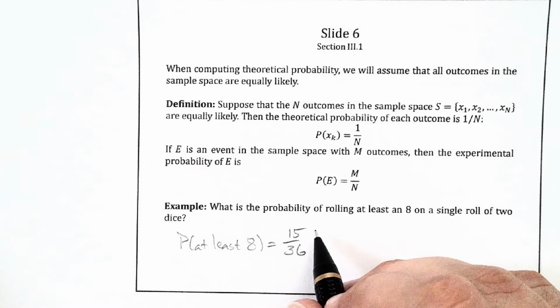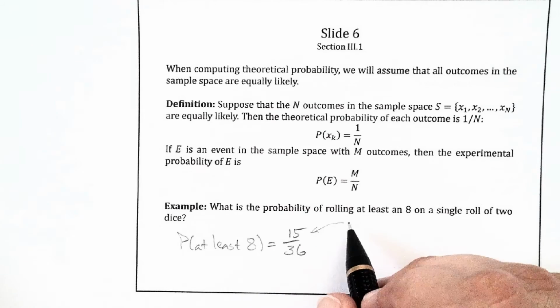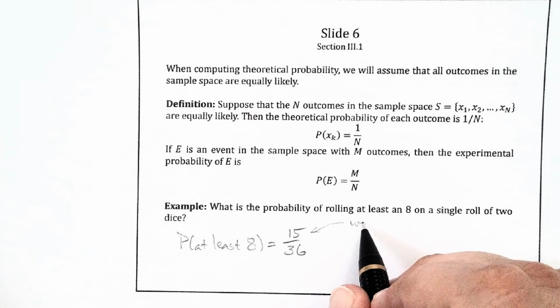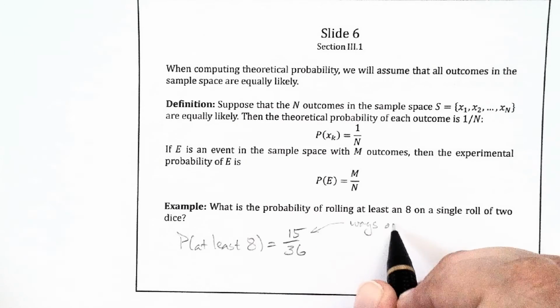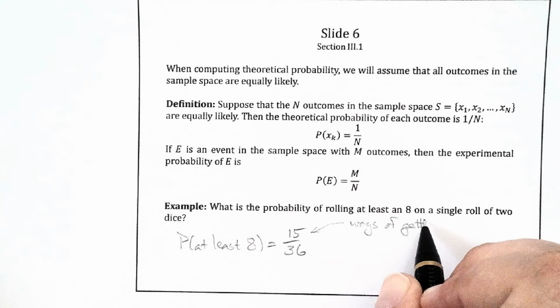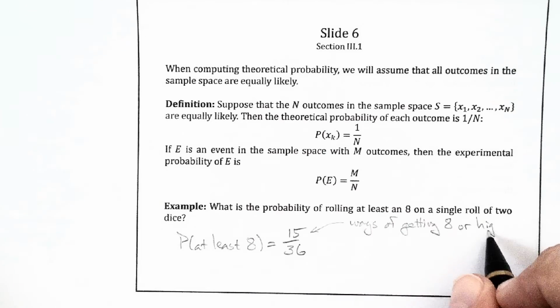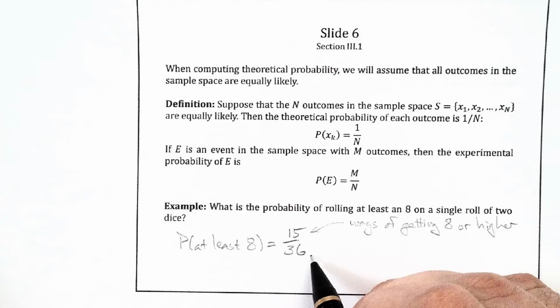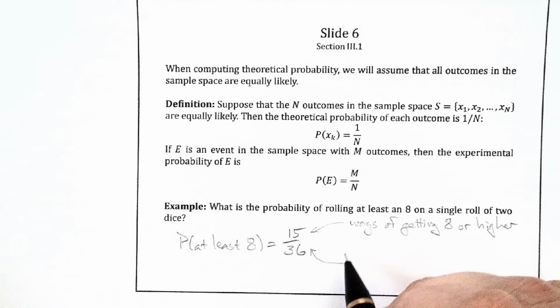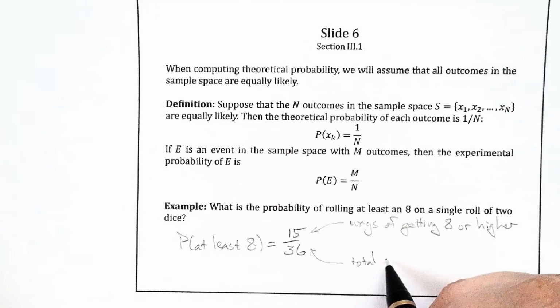That's because there's that many ways of getting 8 or higher, and there's 36 total equally likely outcomes.